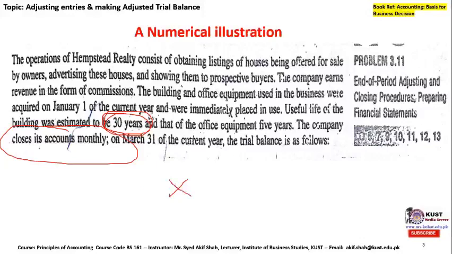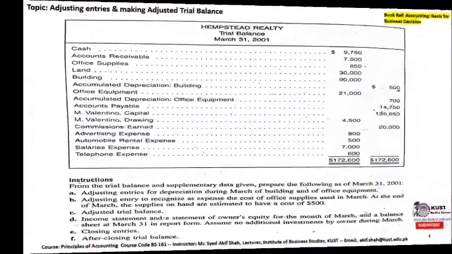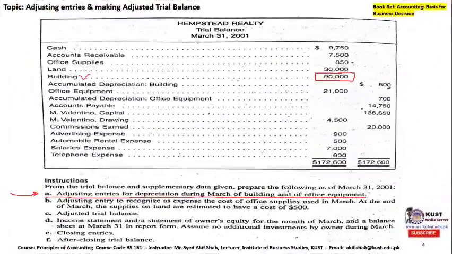The question states that as accounts close down monthly, we have to depreciate the cost of the building on a monthly basis. That is, each month the building will deteriorate, or it will have a decrease in its value. A certain amount will be charged in the expenses portion against the building.